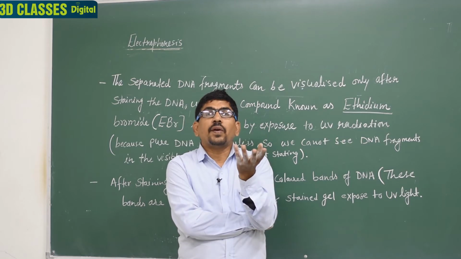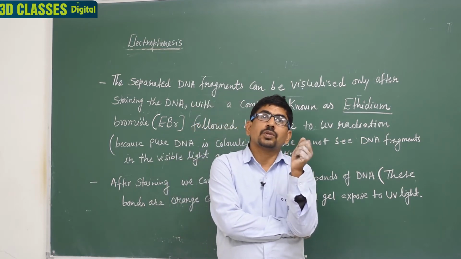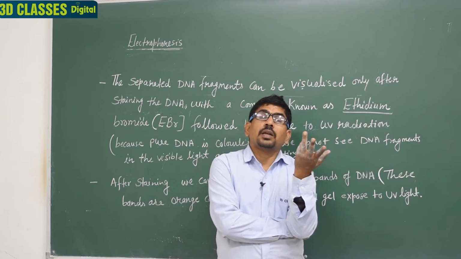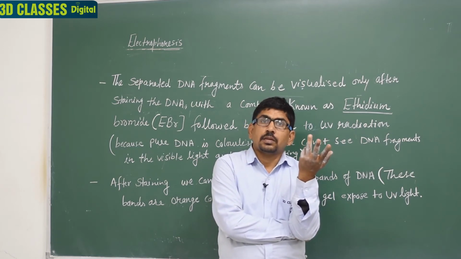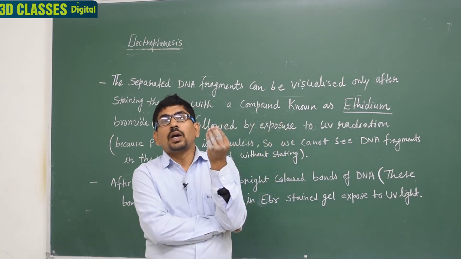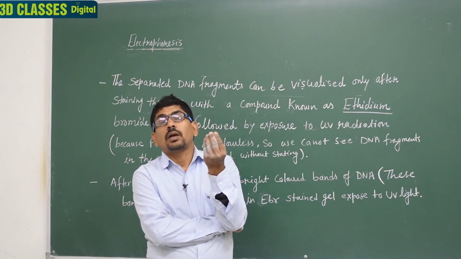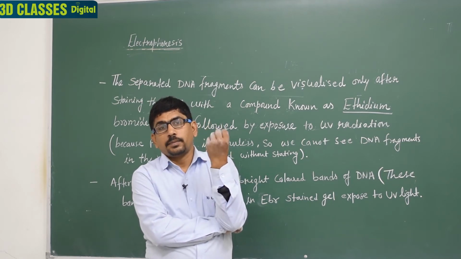But how do we identify the DNA fragments? Because you know very well that DNA is colorless. The pure DNA is colorless. So how do we identify these DNA fragments in a gel?